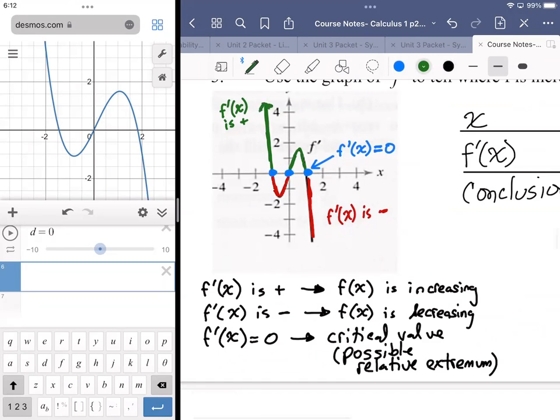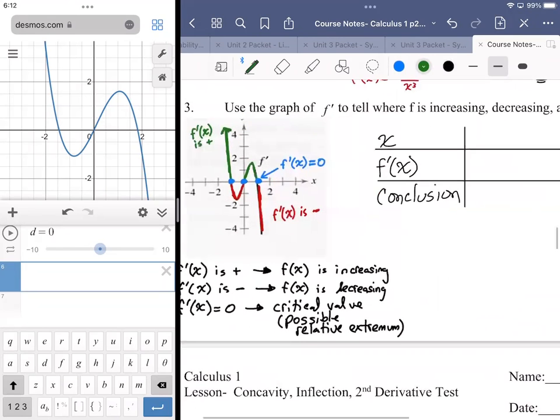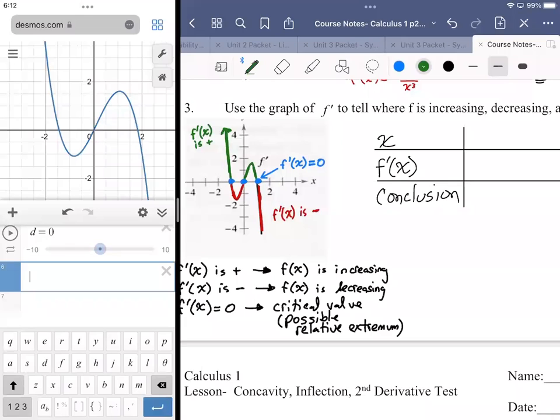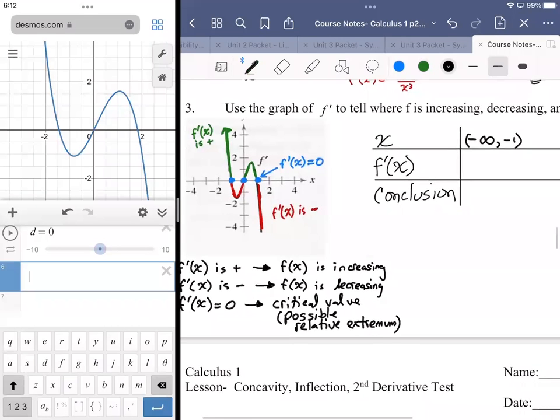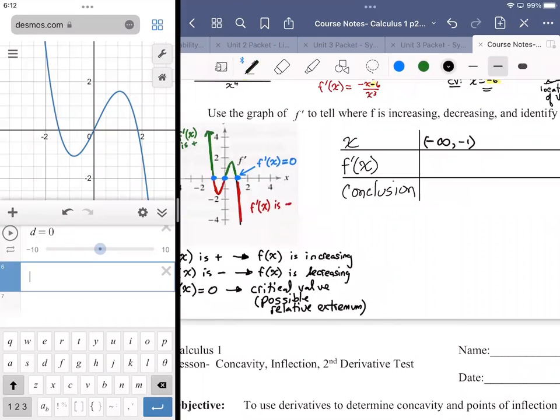If it goes on forever, then our first interval would be from negative infinity to the x value indicated by that first blue point, which appears to be -1. Then our next interval would go from -1 to +1, but we would stop at -1 to draw a conclusion for that. -1 to +1.